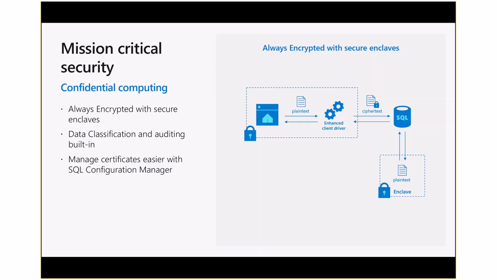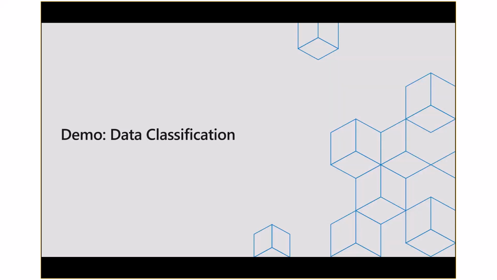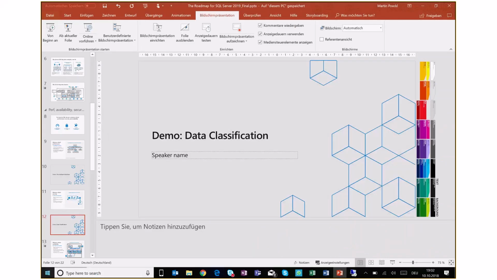The idea is, once you classify your data, you say, okay, this is, for example, an address, this is sensitive data, and then if you audit, for example, select statements, in your audit log you can retrieve information on whether someone accessed sensitive information. That makes it very easy for the auditing part to review your database activities and review what application or what user is really accessing this sensitive data at the end of the day. So the combination is a very strong thing. And I would say let's have a look.